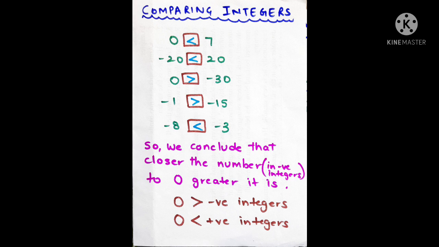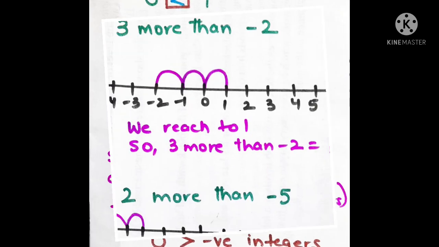In the same way, we compare 0 and -30. Here we see that 0 is greater than -30 and so on. There are many more examples to see. So we conclude that the closer a negative integer is to 0, the greater it is. So 0 is greater than all the negative integers and 0 is less than all the positive integers.